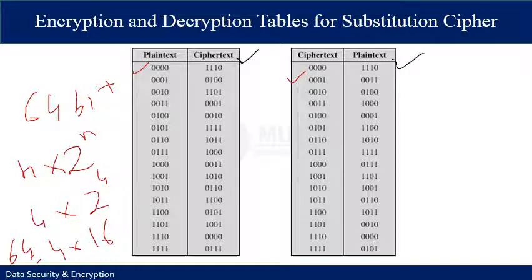Similarly, if we use a 64-bit block, which is a desirable length to remove statistical attacks, the required key length will be n times 2 raised to the power n. This will be a very huge number of key bits, so our encryption or decryption algorithm will be very secure from attacks.